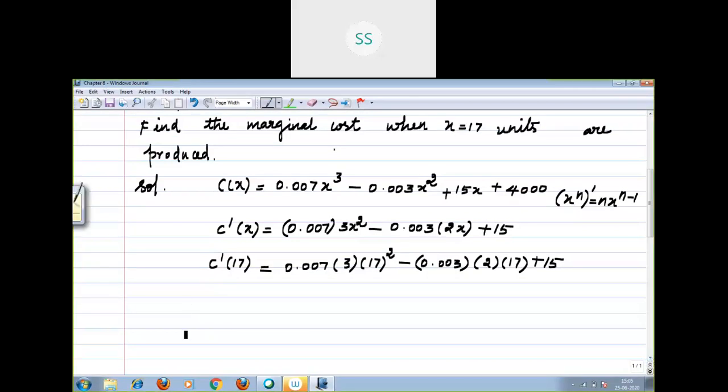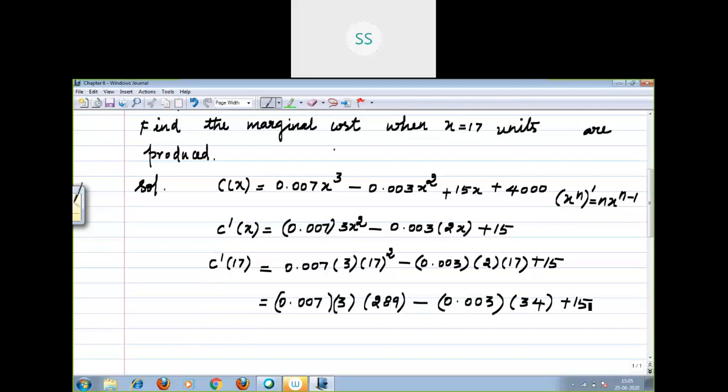Now which is equal to 0.007 into 3, then 17 square is what? 289, minus, here you see, 0.003 into 2 into 17, 34, plus 15.